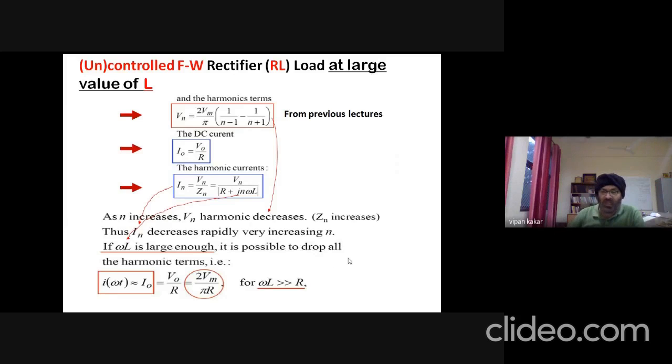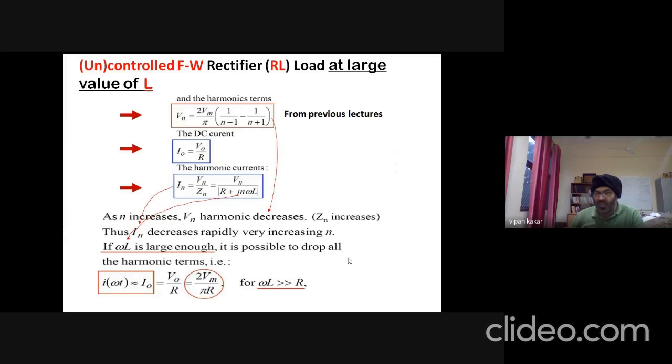So that's why other design techniques need to be used. Either go for the big inductor, and automatically it will reduce the harmonics and ripples and losses, because harmonics mean losses. They consume power, unwanted losses. So this is one way of doing it.